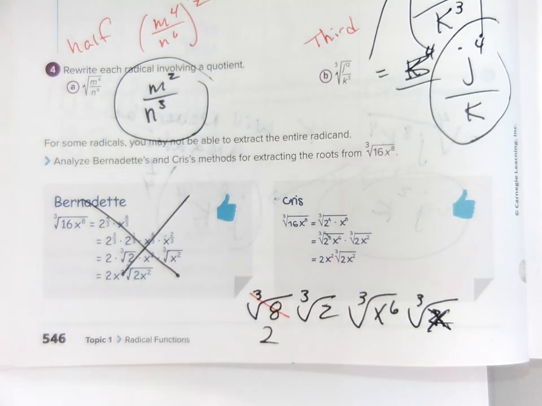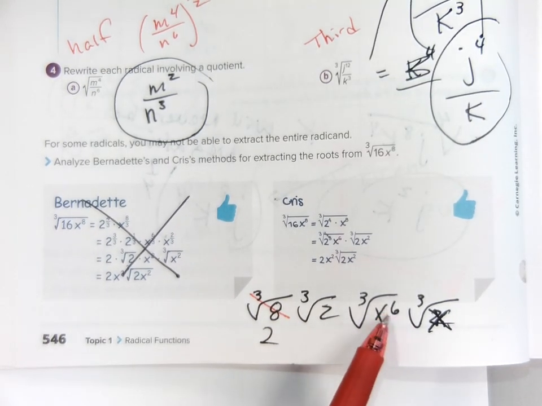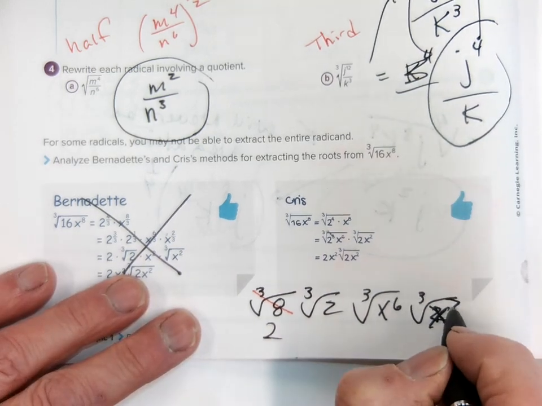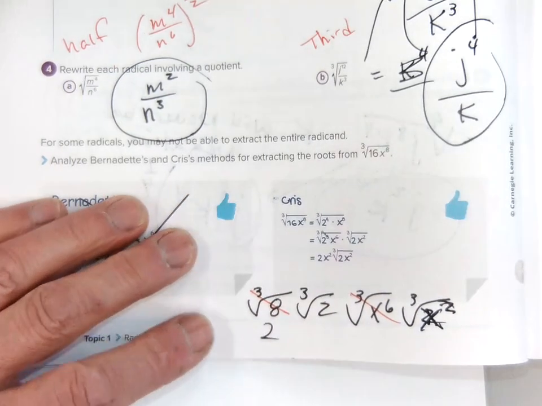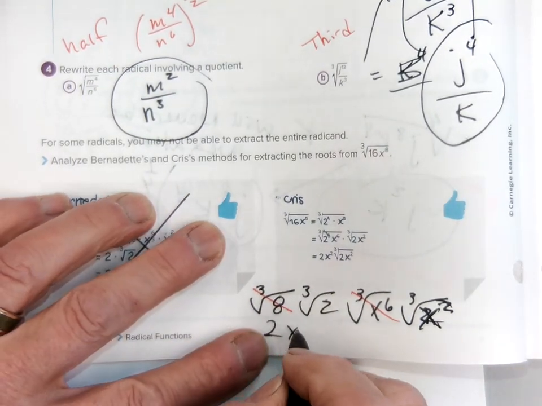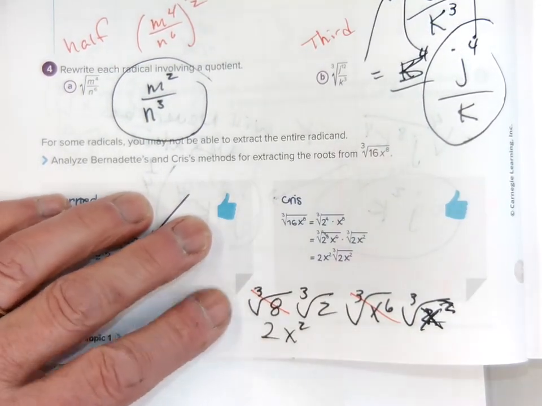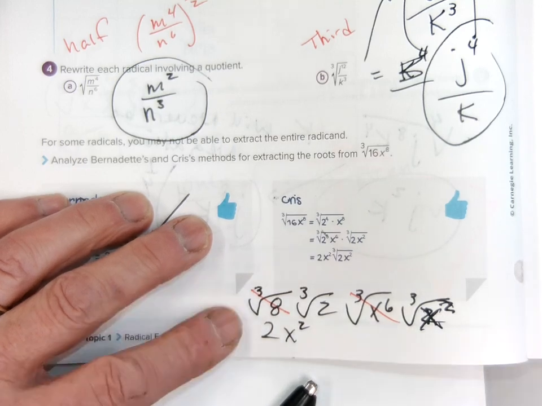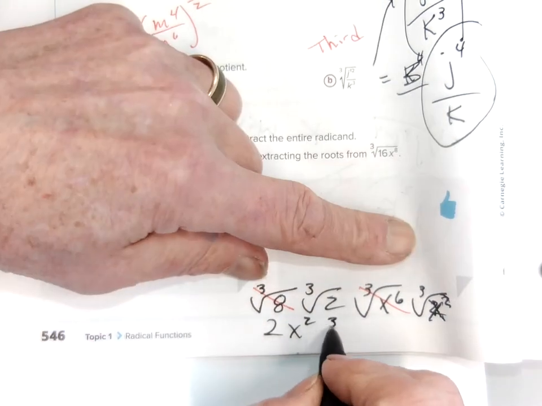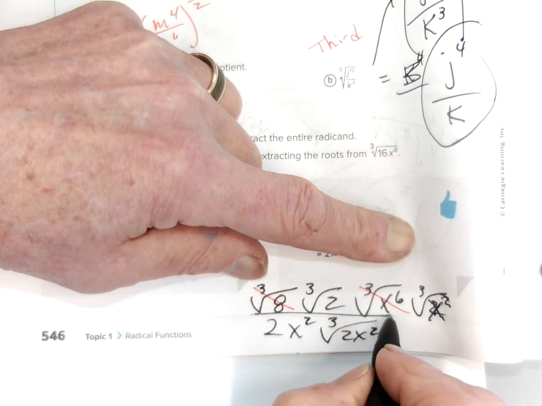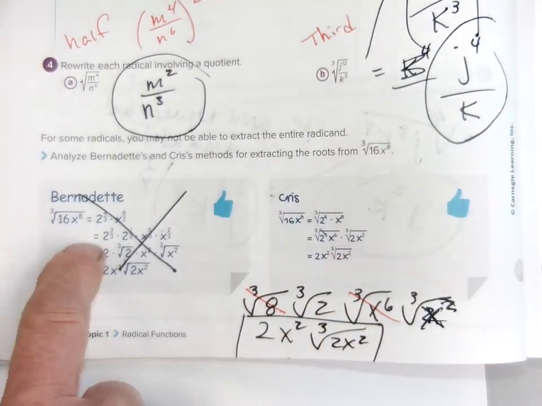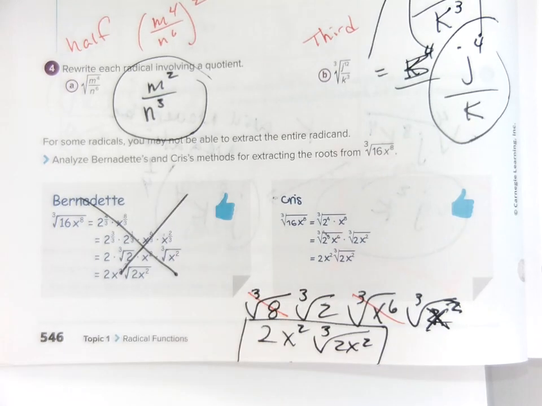I made this a 6 because I can take a third of it. Oh, so sloppy. Must be Friday. So I take a third of that exponent and I get x squared, and then these two can't be rooted, so they have to stay inside the cube root symbol. Both Bernadette and Chris did their problem slightly different than I do, but we got the same answer, okay?